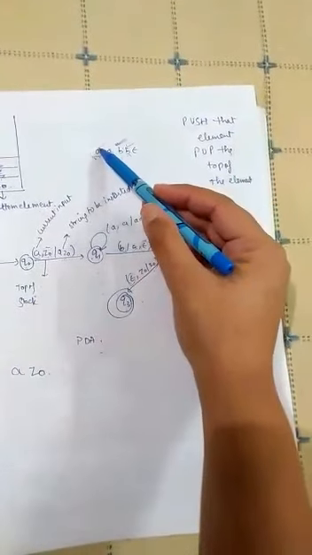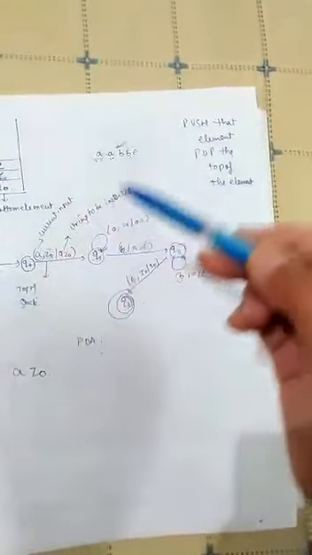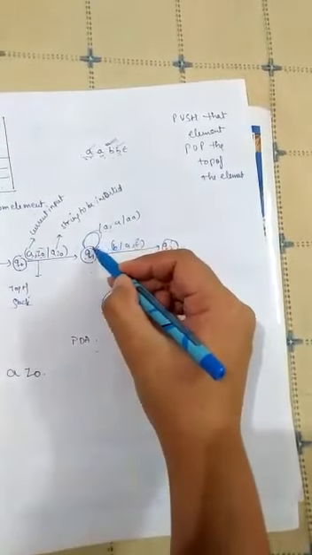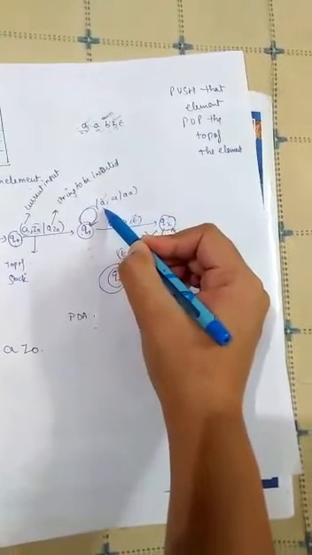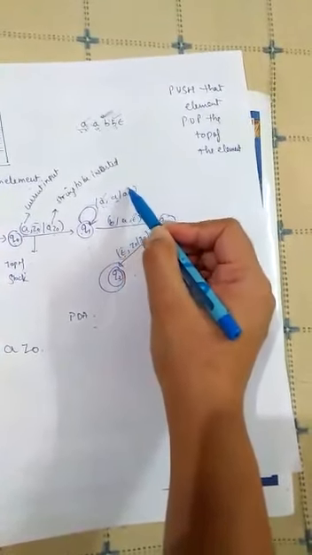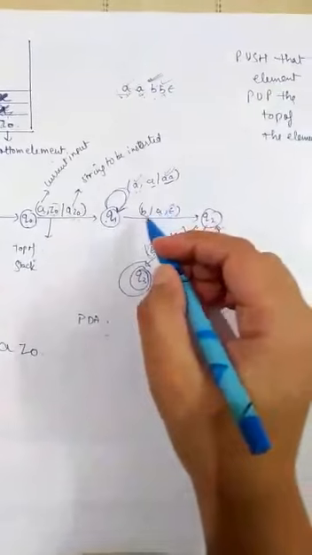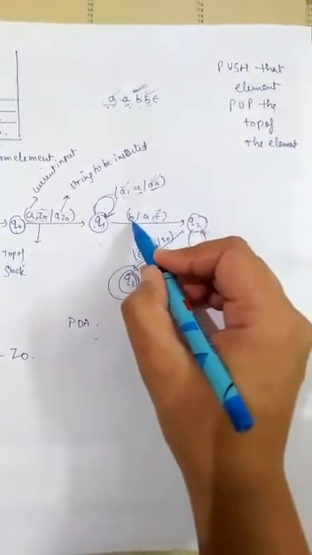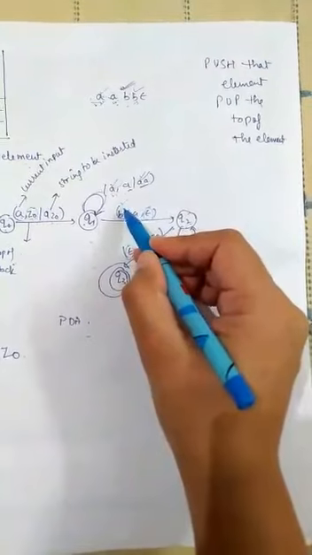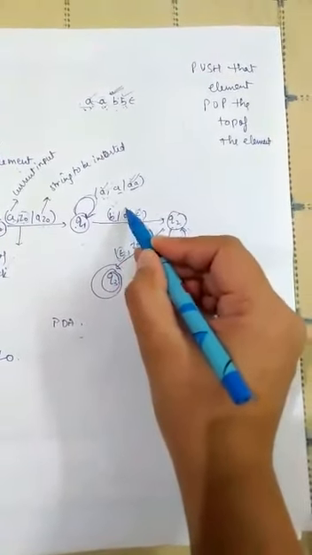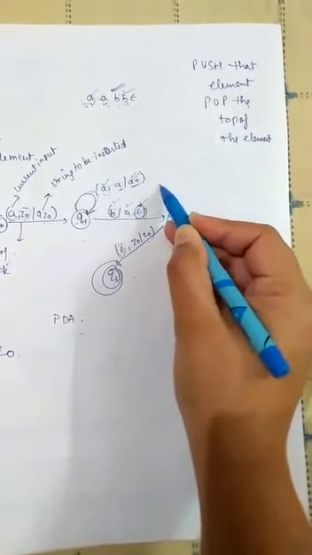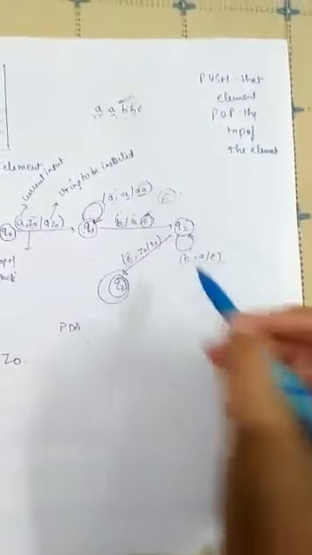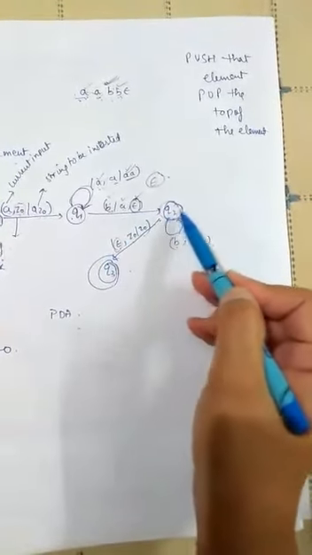And when we have another A as input, it remains in the same state, that is Q1, with input A, top of the stack A, and the string to be inserted is AA. After that, when we encounter B, with the top of the stack being A, we do not insert any string, which is represented with empty, and it goes to the state Q2.